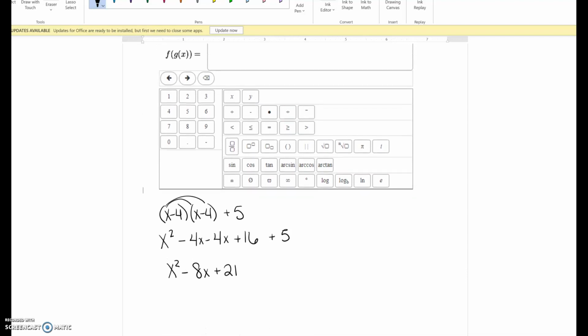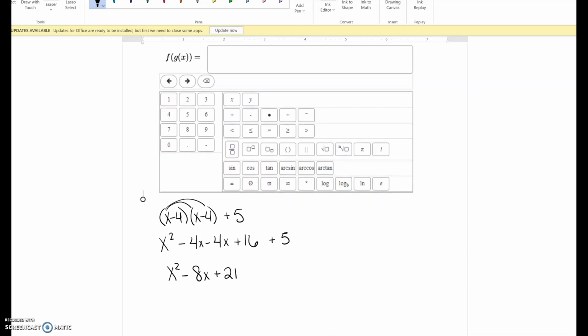When you're entering this answer, you would use this, so x, and then to square it, you'd use this thing, and that would move your cursor up, and you type in the square. Then you would need to hit the right arrow, either here or on your keyboard, to get out of the exponent.